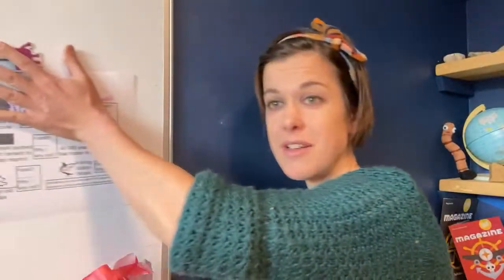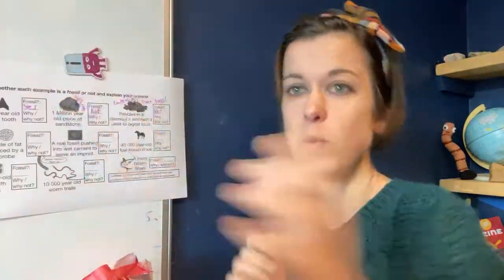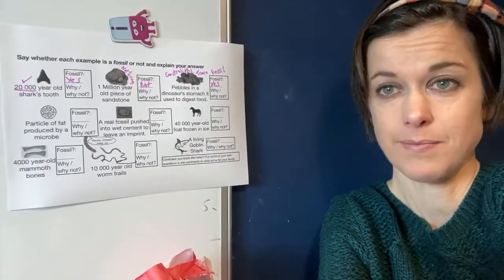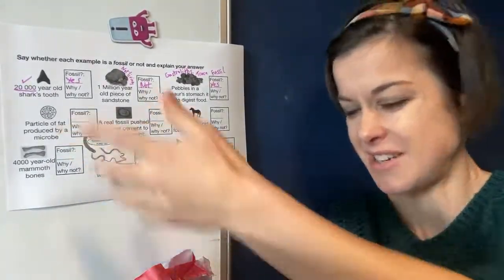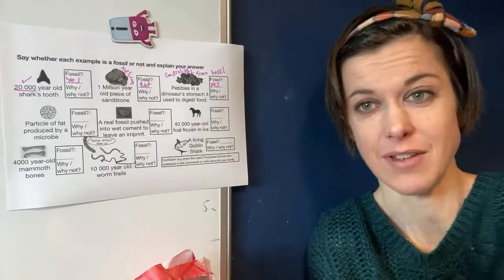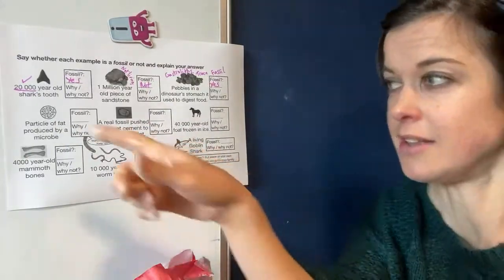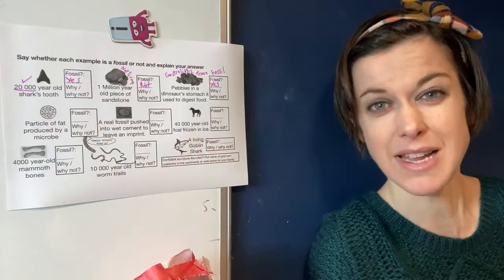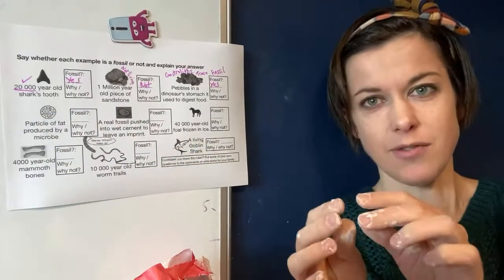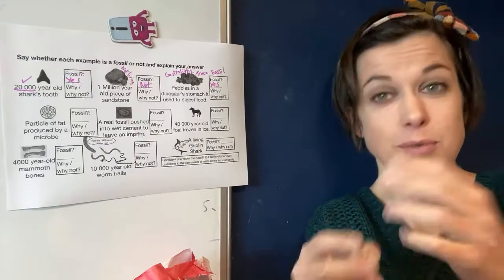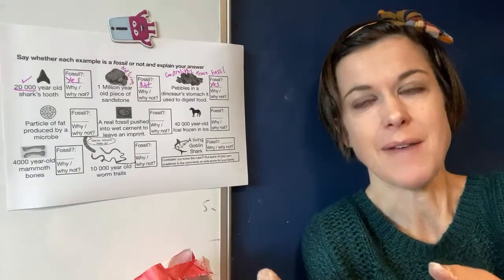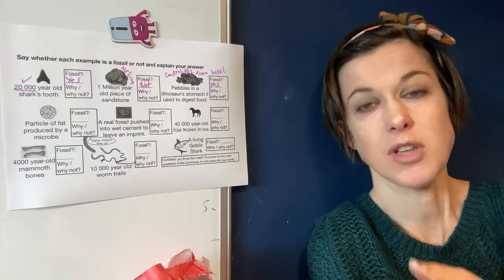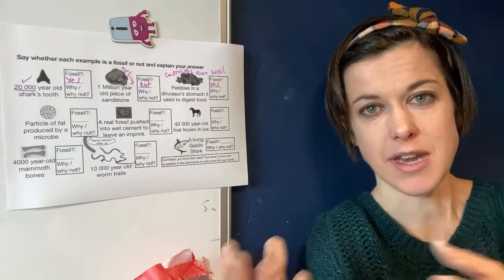Yeah, this particle of fat is what we call a chemical fossil, actually. So I should have said it's a microbe. A microbe is a living thing. It was actually algae. This tiny little piece of algae, millions and millions, it might even have been billions of years ago, very, very early life form. It produced little particles of fat, and you know how golden syrup is thicker or thinner if you heat it up.